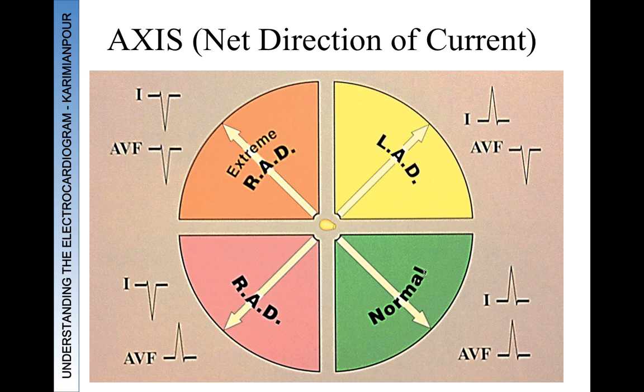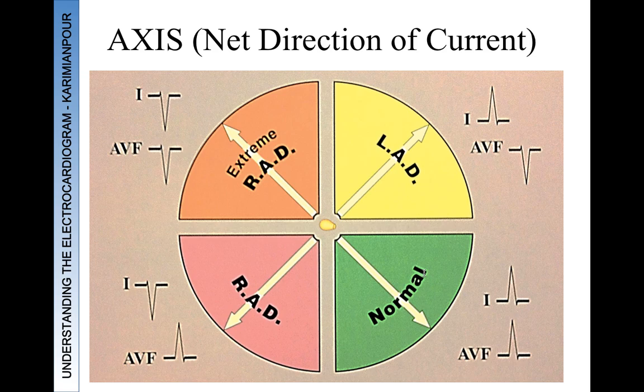Traditionally, it's been taught that we use two leads, limb lead 1, which is across the chest, across the top, and AVF, straight down towards the feet. If you remember, if we go back to the first few slides of the PowerPoint, when an electrical current is traveling towards a lead, we have a positive deflection on ECG. When it travels away from a lead, we get a negative deflection on the ECG paper. It uses essentially those two simple concepts.